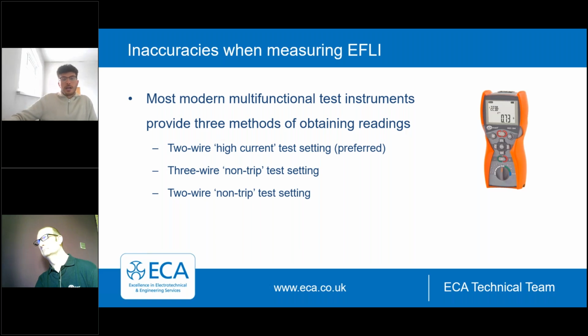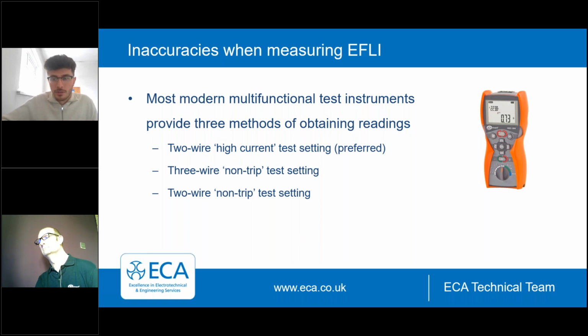So firstly, we have what we call the two-wire high current test setting. Now the two-wire high current test setting, as stated, is the preferred. This is because it generates a large enough test current, typically around 25 amps with a standard multifunctional test instrument. We've got an example from Sonel on screen here.